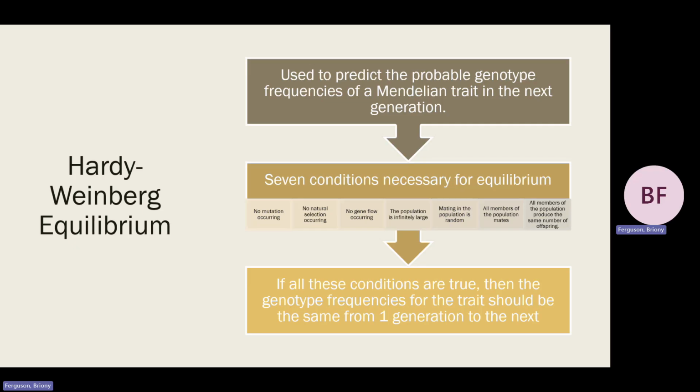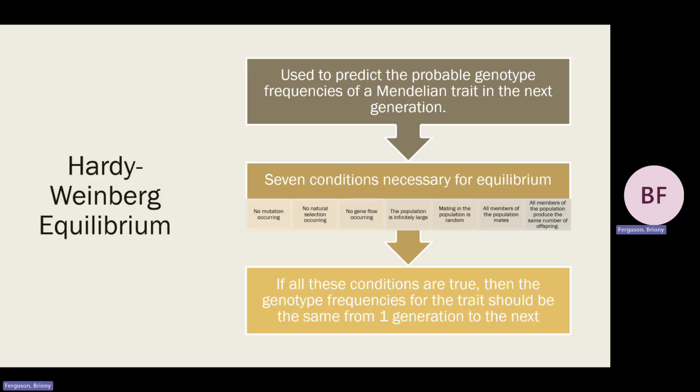So the mechanisms of evolution are not in place. The population is also going to be infinitely large. So we're going to see an equal number of deaths and births each year, and there is not going to be any kind of migration in or out of the population.